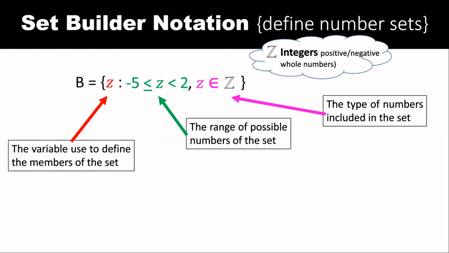So including the value -5, z could have the values -5, -4, -3, -2, -1, 0, and 1. Not 2 though, remember why? Because this is not underlined. So here's my set B. They're integer values between -5 up to, but not including, +2.